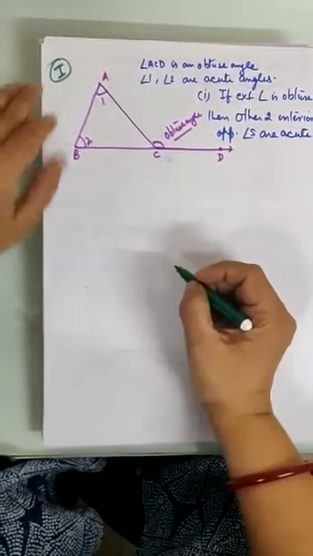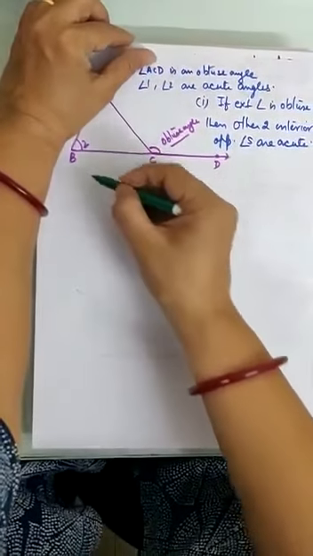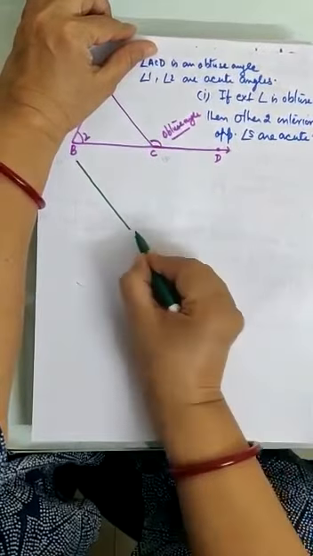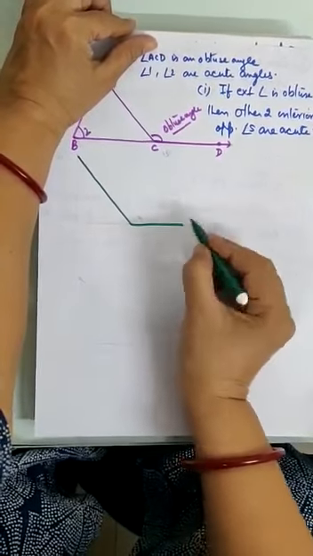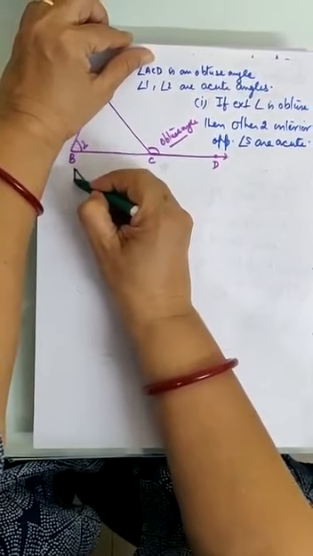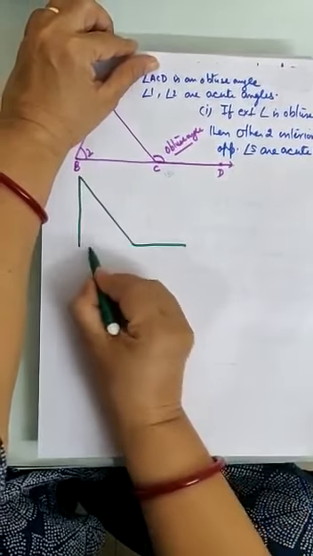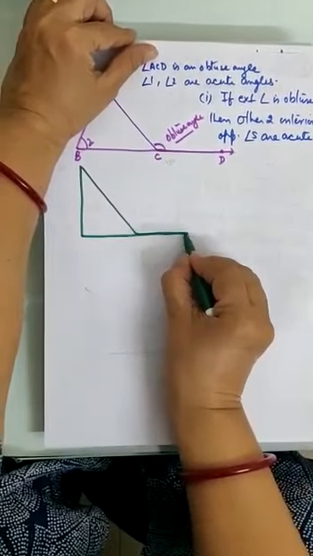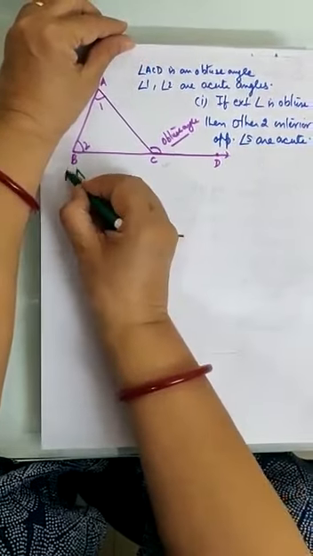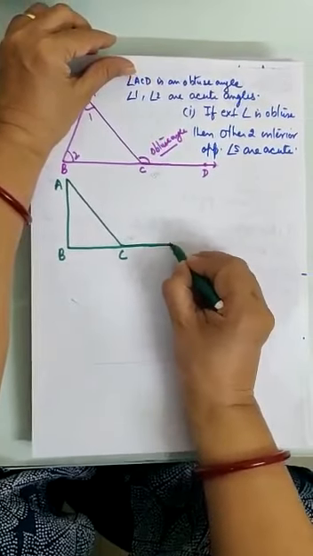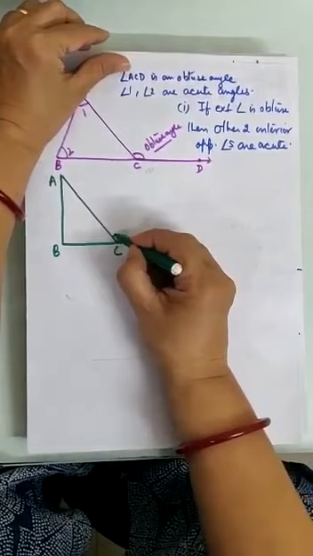Okay, now let us take the second case. Again we draw an obtuse angle, which is the exterior angle, right? Now we generate the triangle. Let us label it A, B, C and D. Alright, what kind of angle is it?